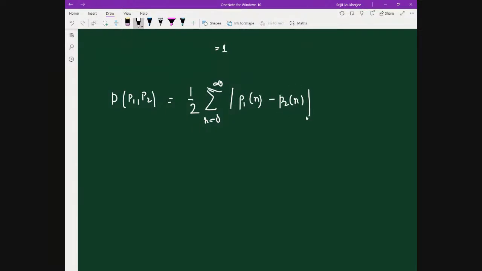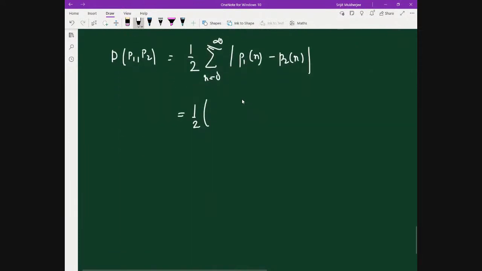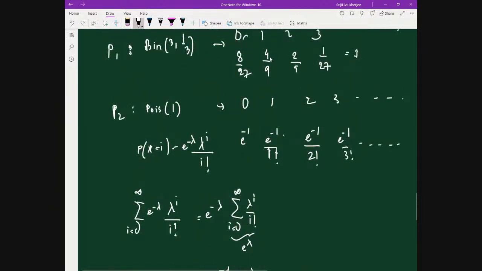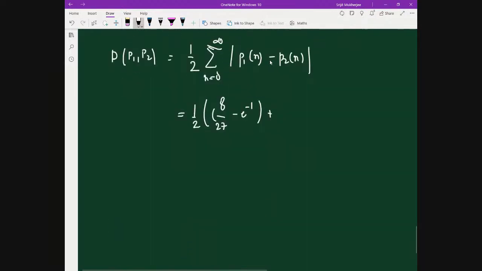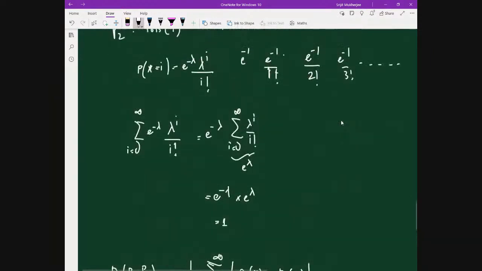You get half into, let's calculate the initial ones: 8/27 minus e to the power minus 1, plus 4/9 minus e to the power minus 1 by 1 factorial, plus 2/9.